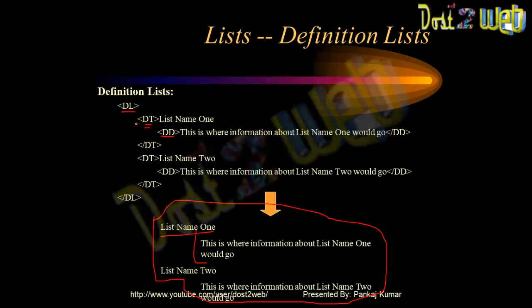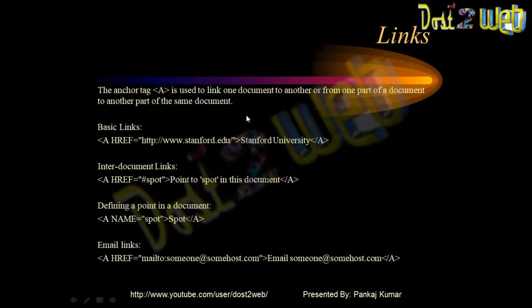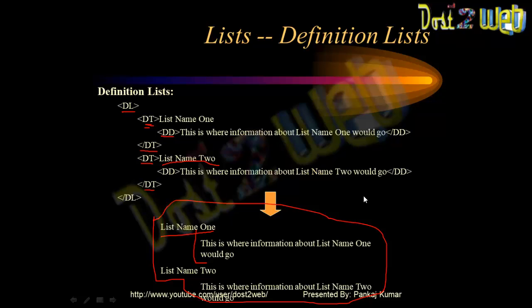One DT you have opened, you have to close the DT tag. Similarly, as many DT as you want, you can use. If I want 2, then list 2 will be there. So like this way you can define as many definition lists as you want. So let's try this.